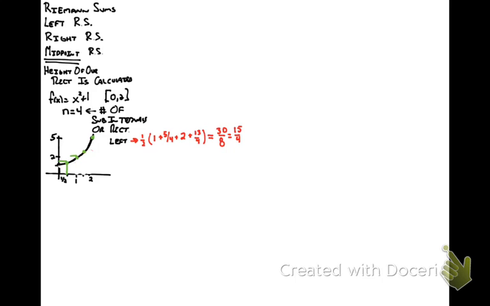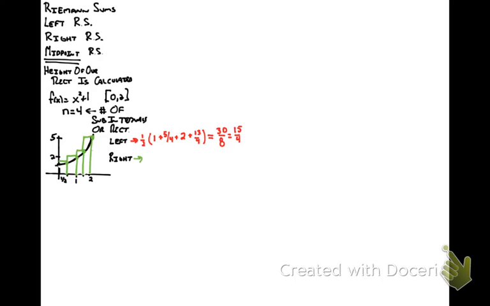Our second rectangle, the height is found at 1. For our third rectangle, the height is found at 3/2. For our fourth rectangle, it's at 2. And clearly you can see this will be an overestimate. Right? And in all cases, when the function is increasing over the entire interval, then the right Riemann sum would be an overestimate.